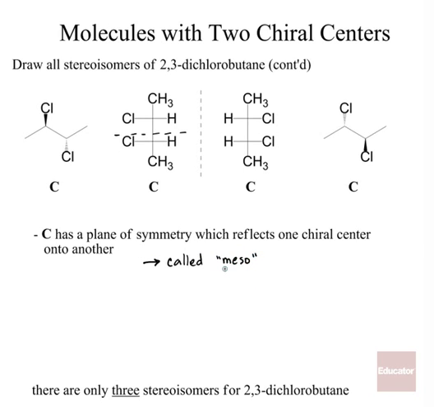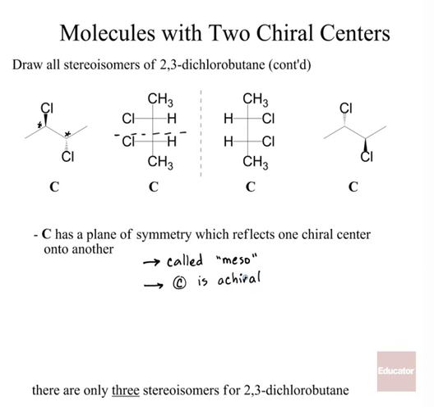So in other words, it does have chiral centers. It does have 2 chiral centers. We can name those as R or S. But the molecule as a whole has a plane of symmetry that reflects one chiral center onto the other chiral center. And for those unique compounds, we call them meso compounds. Okay, because it has a plane of symmetry, C is achiral.